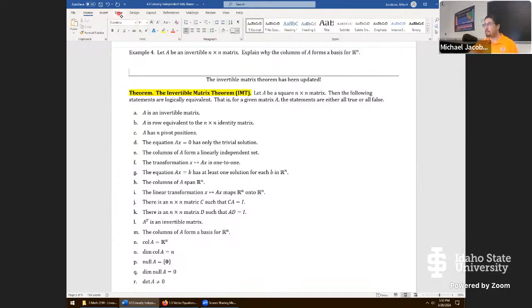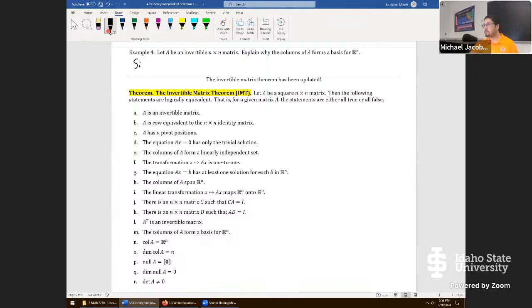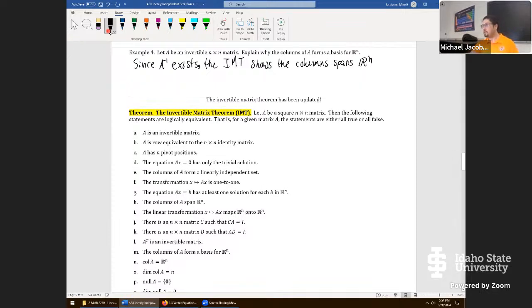Let's just briefly write, since A inverse exists, the invertible matrix theorem shows the columns span Rn and are linearly independent.